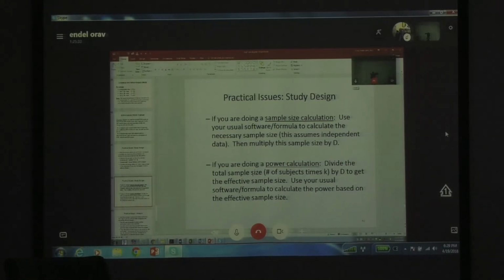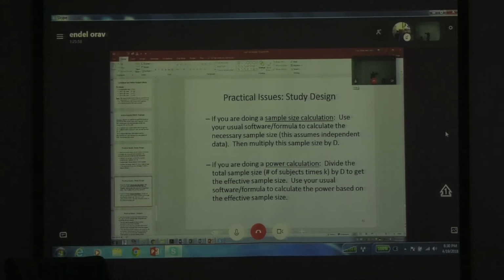So you're going to use your usual software formula to calculate the necessary sample size. Okay. So you entered the correlation through your design formula, but after that it doesn't appear? Correct. Okay, got it.